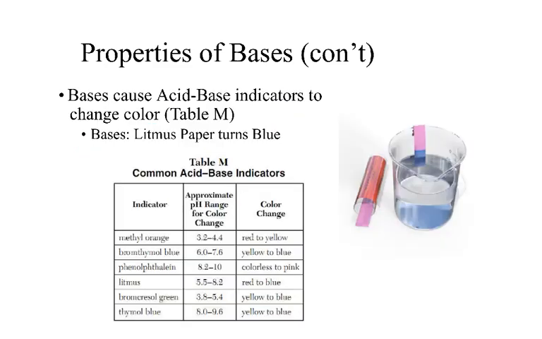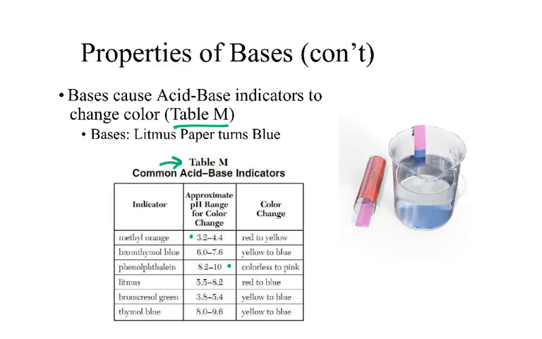So we talked about indicators previously with acids. Bases work the same way with indicators. If you notice on this table M, from your reference table, these approximate pH ranges, where's our lowest? Our lowest is 3.2 and our highest here is 10. We're going to talk about pH in the next video, but the higher the pH, the more basic something is. So these range from very acidic to very basic in the ability to indicate.